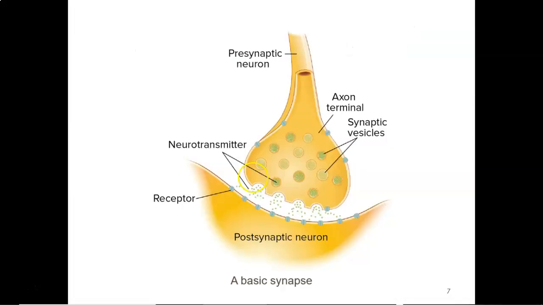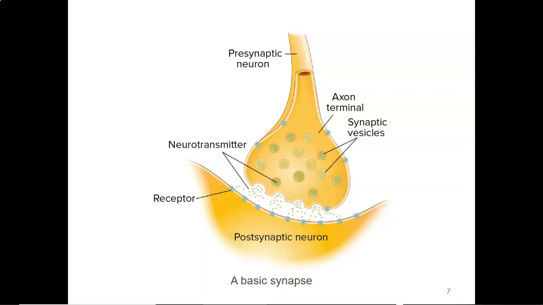Okay, so back to our basic synapse. Here we have our presynaptic neuron, and this is our axon terminal. The presynaptic neuron is neuron A, and we are looking here at one axon terminal. Within each axon terminal are what are called synaptic vesicles. These are the structures that hold neurotransmitters.